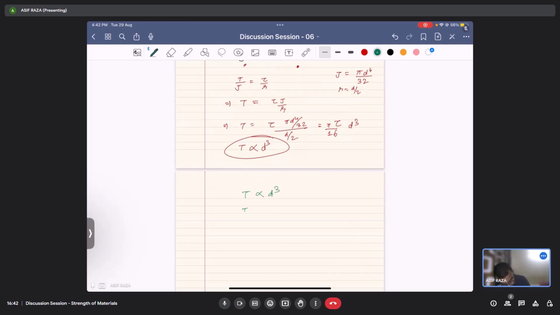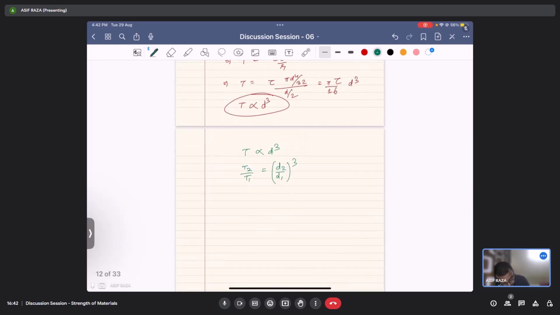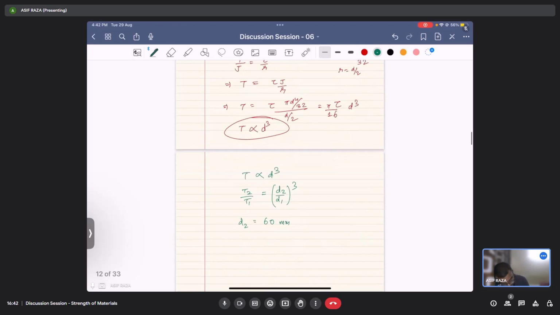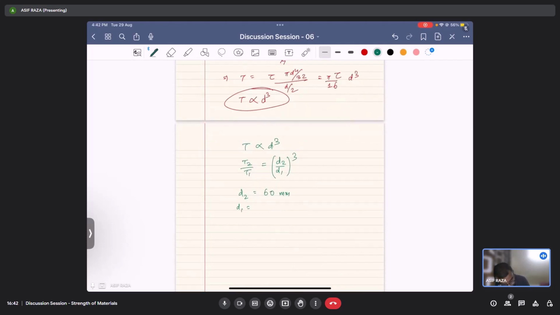That means T2 by T1 would be equal to d2 by d1 to the power 3, and d2 is equal to 60 mm, and d1 is equal to 30 mm.